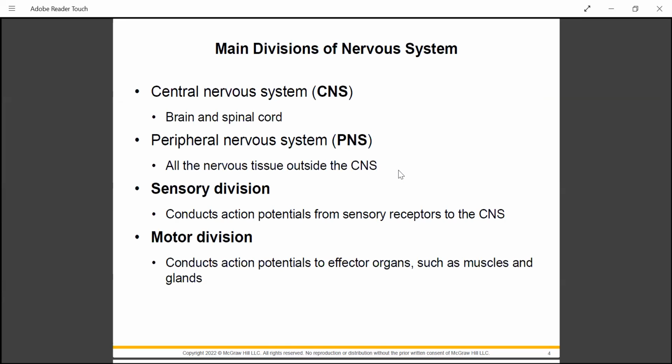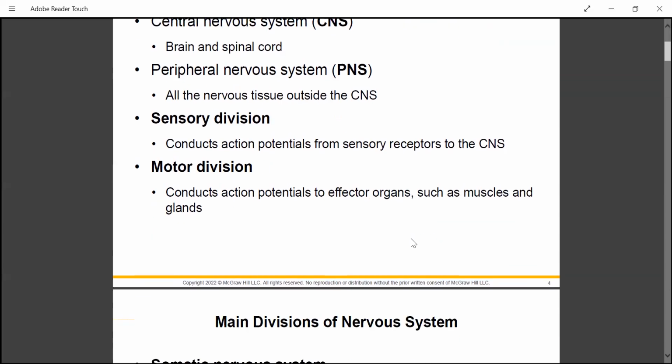Sometimes we call that the afferent division. Afferent arrives, so think of that as the information arriving to the brain. And then we have our motor division, or efferent division. Think efferent exits. So that's going from the brain or spinal cord back down the chain to either a muscle, an organ, a gland, whatever is the effector that's going to do its job.